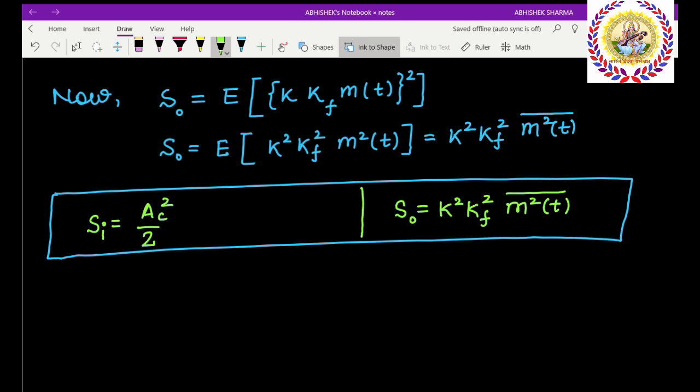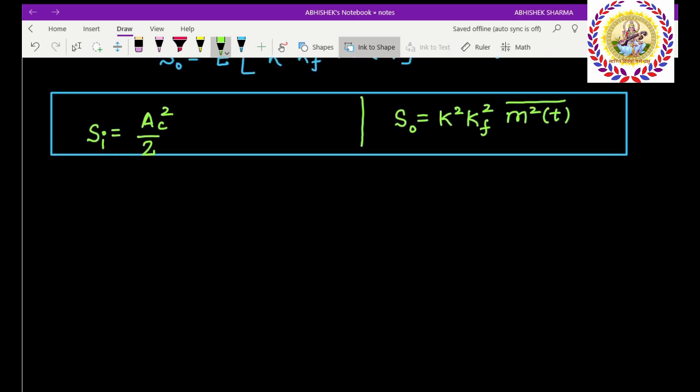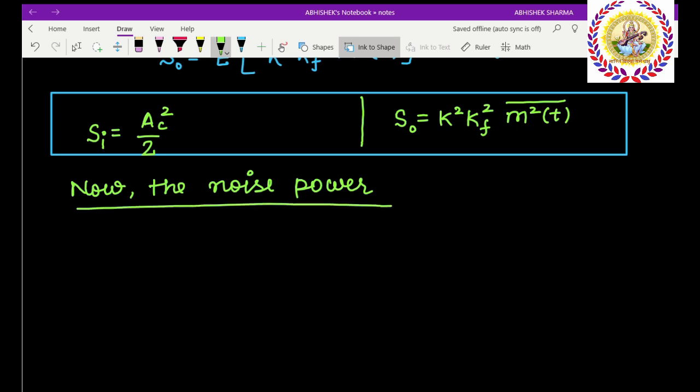Now we have to calculate the noise power at the input as well as the output terminal. The input noise power is evaluated for the base bandwidth.